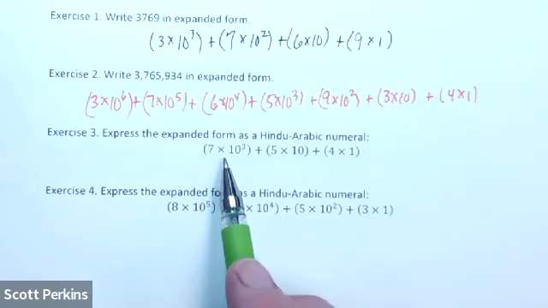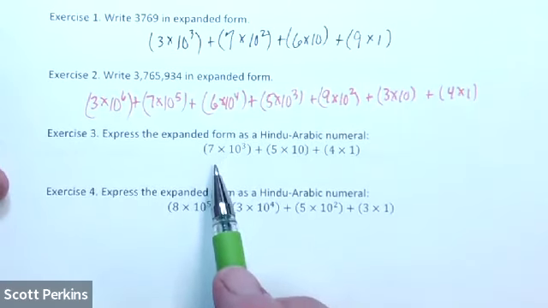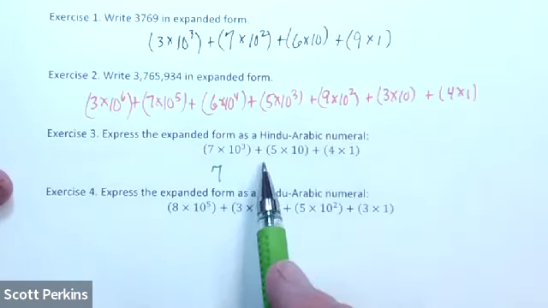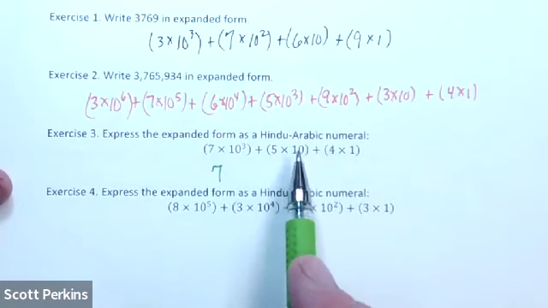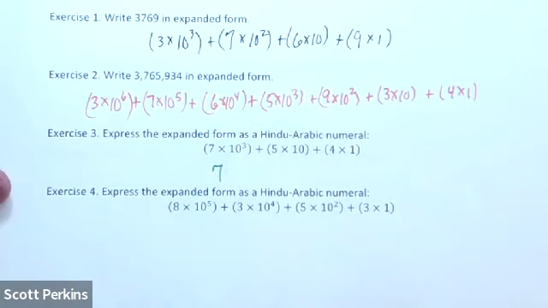So the 7, as I'm reading this, the 7's going to represent what? 7,000s. Now, do I have anything written here in expanded notation for hundreds? No, we skipped that. So what do we put when something's missing?